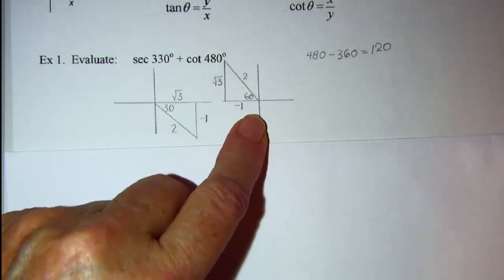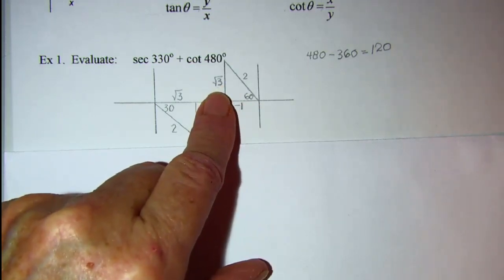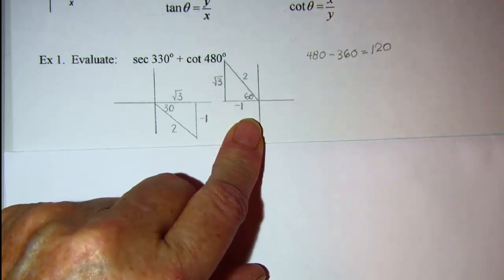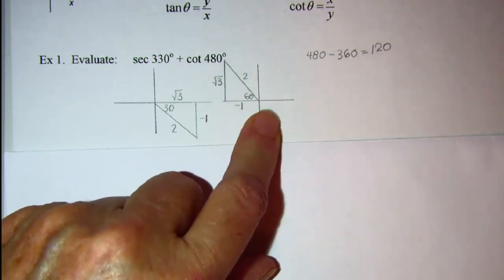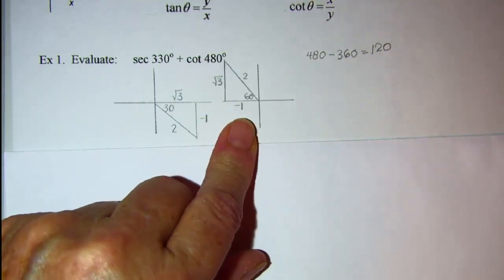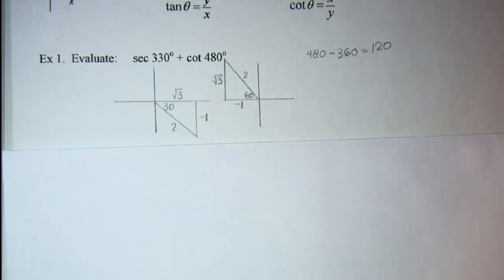Put in your sides. The side opposite the 60 is the square root of 3, and then the side adjacent is 1, and the hypotenuse is 2. And then this side is negative because it's to the left of the y-axis. So that is the two reference triangles that we'll be using.